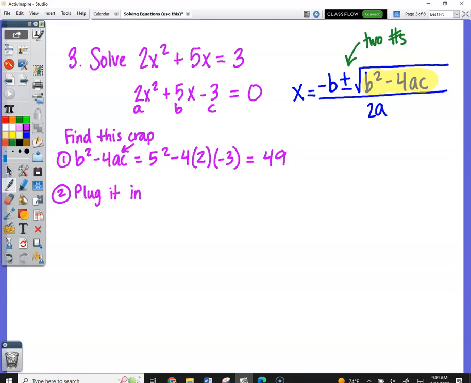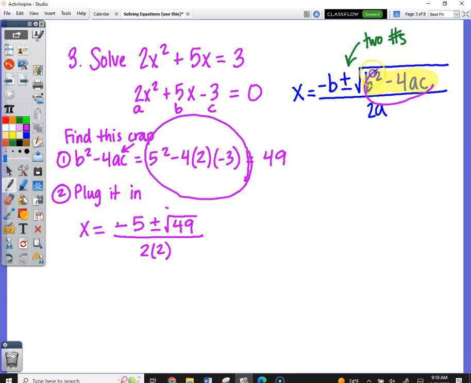And then now, plug it in. Finish it. X equals negative B plus minus square root of that crap, which looks a lot better, over 2 times A. And now all you have to do is clean up that. You don't have to clean up all of this inside of this at the same time as you're cleaning up the entire fraction. So you're just separating. You're doing the crap first, and then you plug it in.